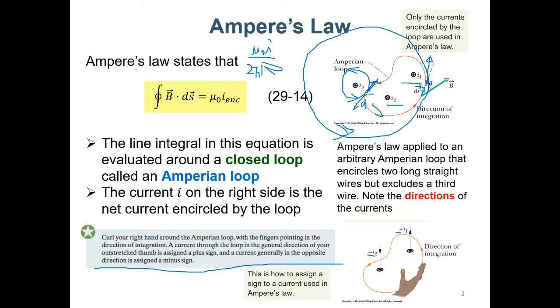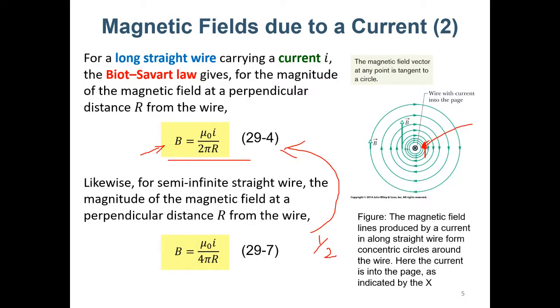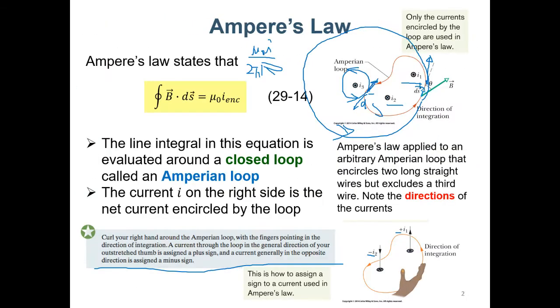Okay, so actually, just now we can see that the magnetic field generated by an infinitely long wire will be something like this: B equals mu I over 2 pi r. Actually, using Ampere's law, you can get it very easily. Suppose you have an Ampere loop like this.